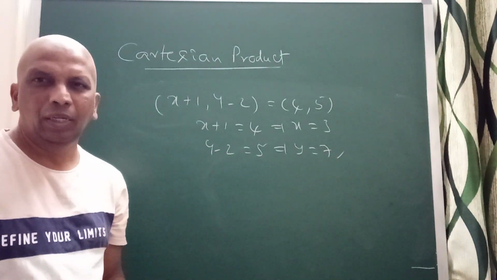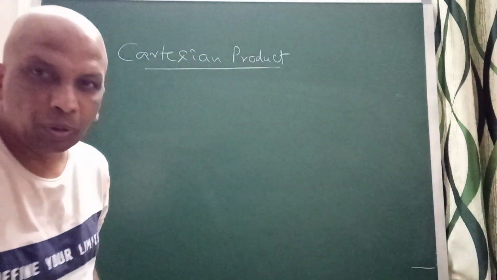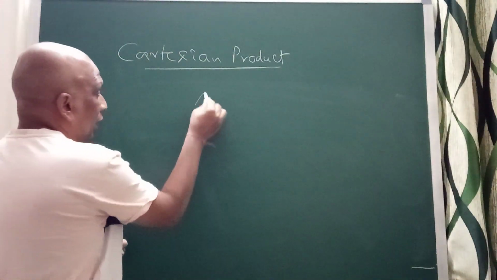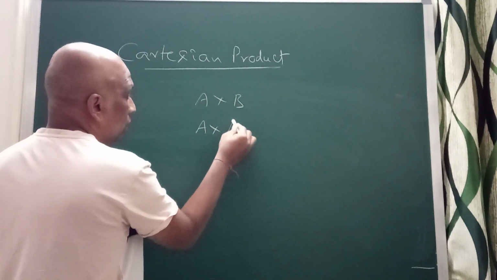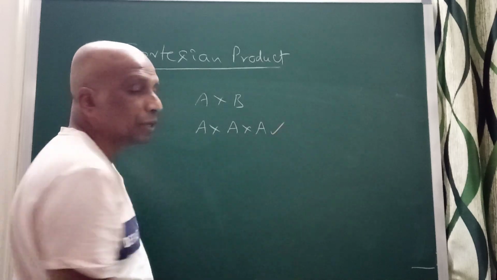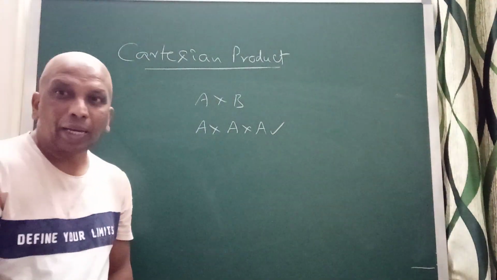When I have taken A cross B, it gives an ordered pair. Suppose I take A cross B cross C, I can represent it as ordered triplet.